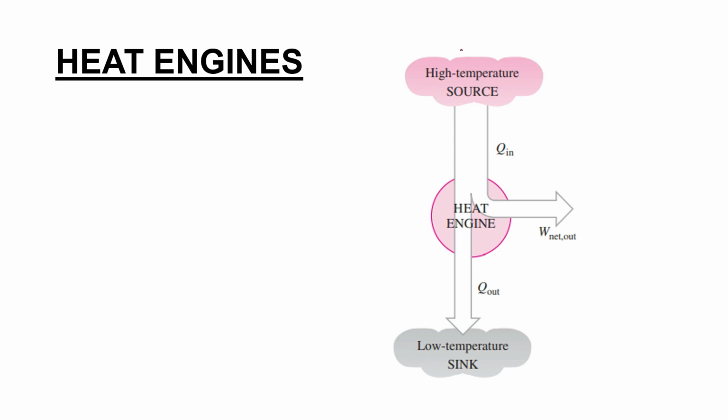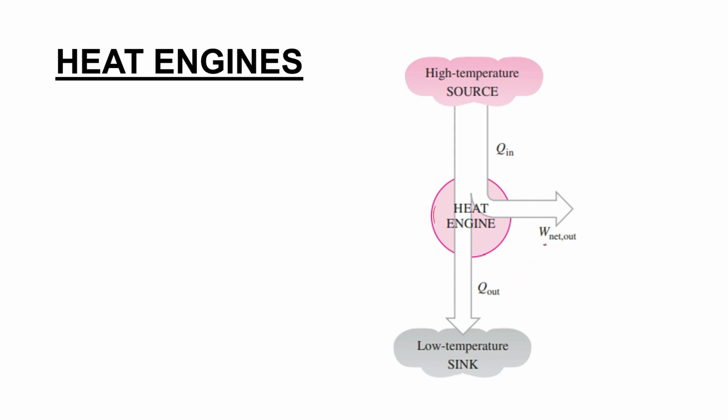So you have a high temperature source. For any heat engine, you have a high temperature source, that is a thermal energy reservoir, and then you have the heat engine. Then you have the low temperature sink. You extract heat from the high temperature source, that is Q in, and you reject Q out to the low temperature sink.